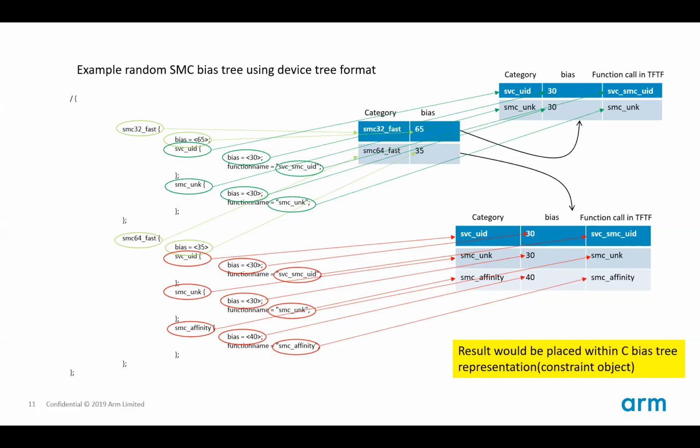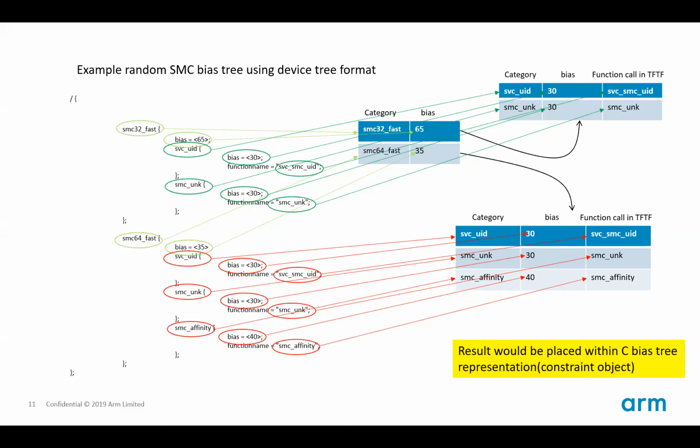There's a bias associated with each of those variations, and then an actual function name that will be applied in the system itself. So the function name for that SMC variant will be invoked, and then it moves on to the next SMC variation and traverses the tree yet again to find out what that other SMC call would look like. It's kind of a complex diagram. Does this make sense? Any questions on this?